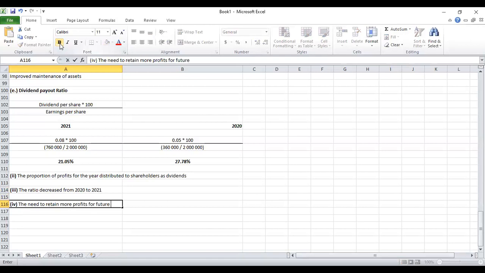When an entity requires to save profits for future expansion, they will distribute less profits. Then you can also talk about cash flow issues. They might have wanted to avoid a huge cash outflow resulting from the payments of dividends. So to do that, they can just reduce the dividends that they have to pay. So those are some of the reasons for a change in the dividend policy.